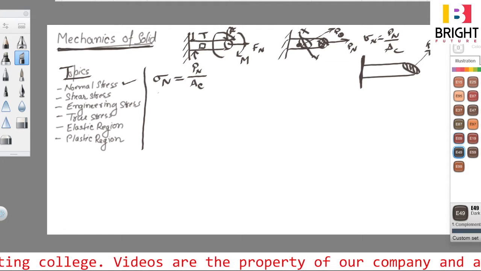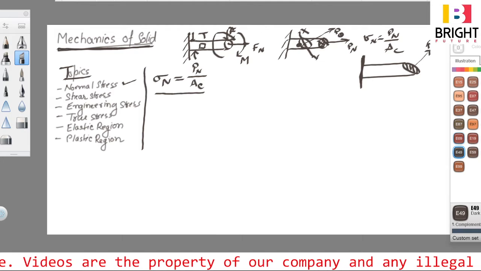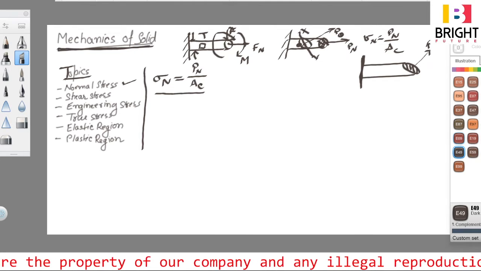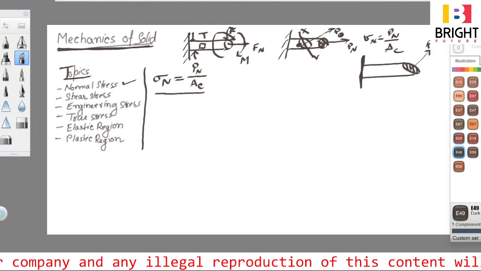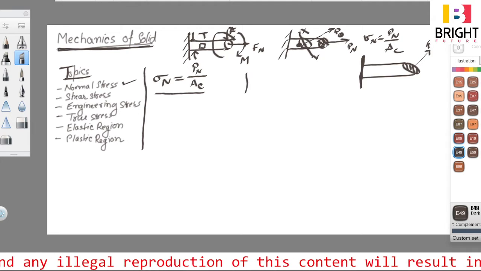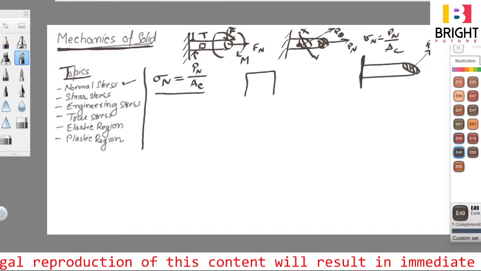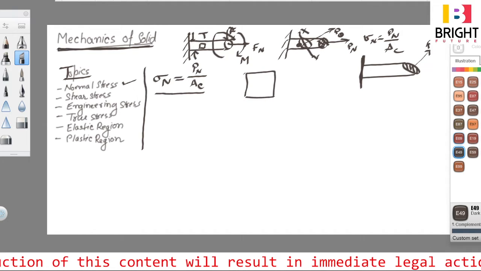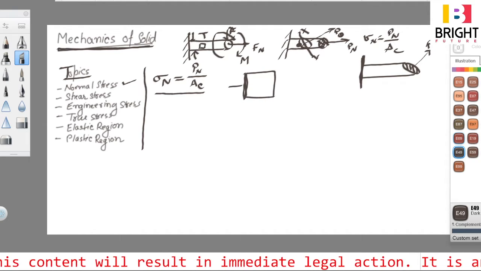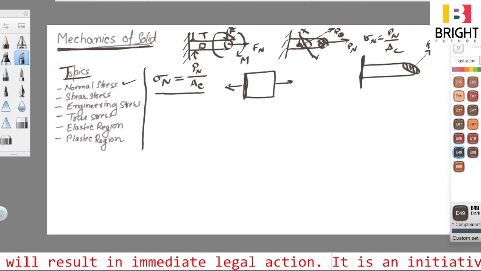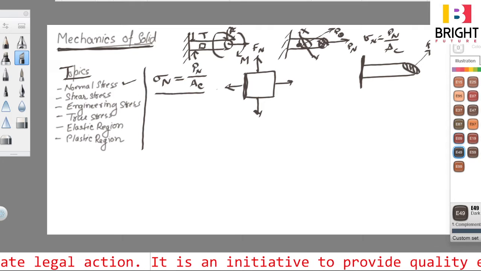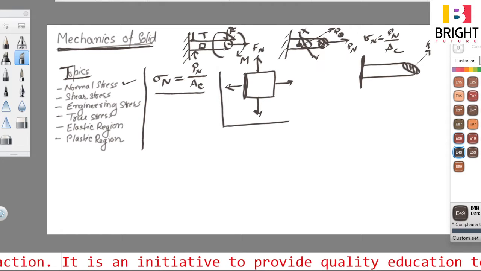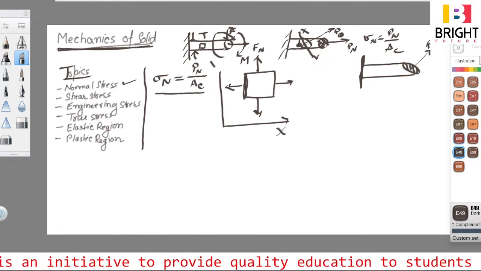Now this normal stress is responsible for expansion of material within the elastic limit. This line is very important, because whenever we apply normal loads, this thing must be understood. These are normal loads. I am considering this in 2D, with one x direction and one y direction.